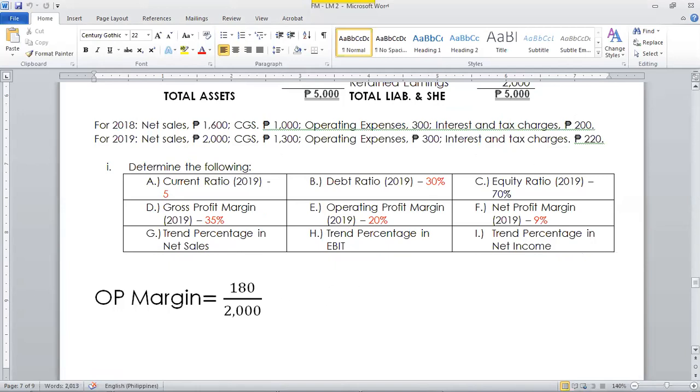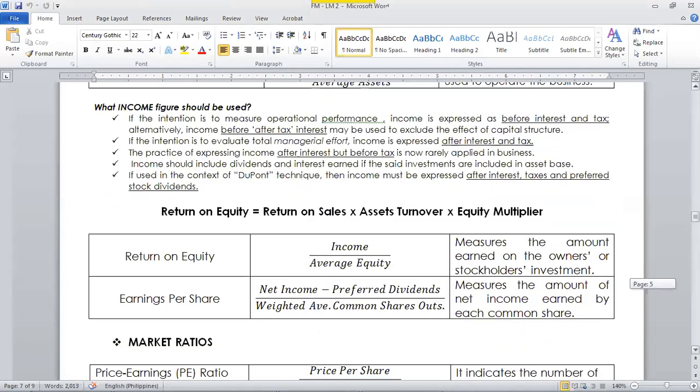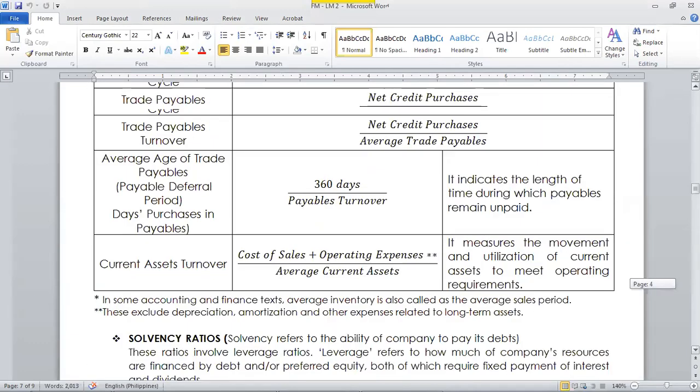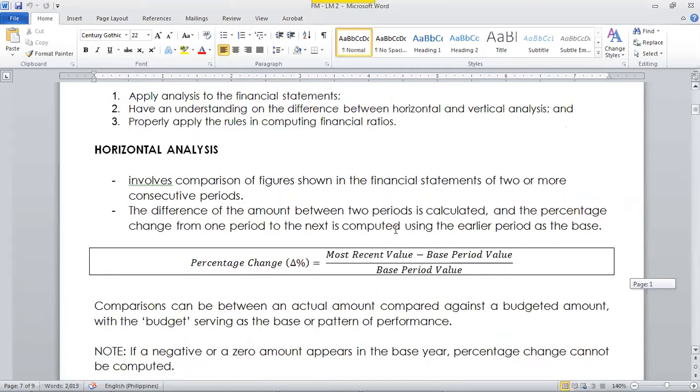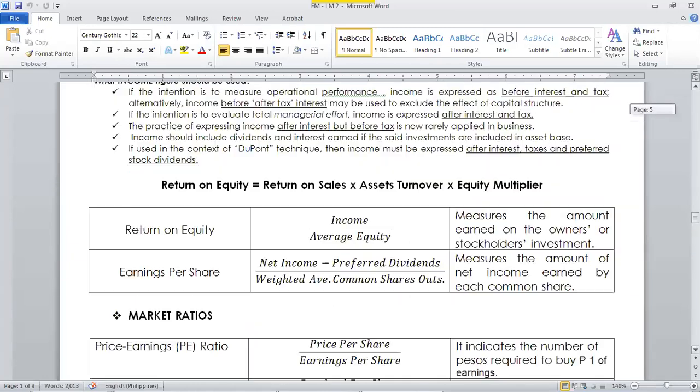When we use horizontal analysis, what is our formula? It's in here. The most recent value less the base period value over the base period value. So kindly remember this formula. This is the basic formula for horizontal analysis.